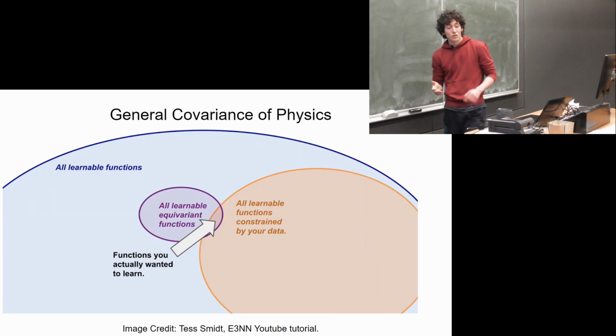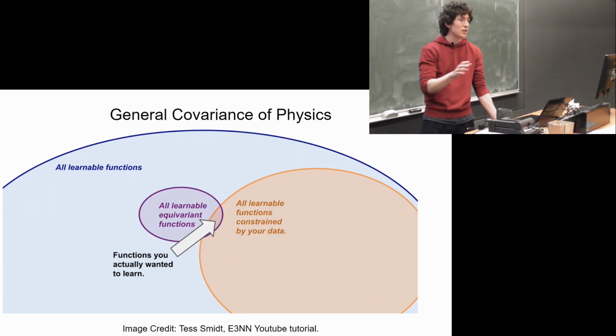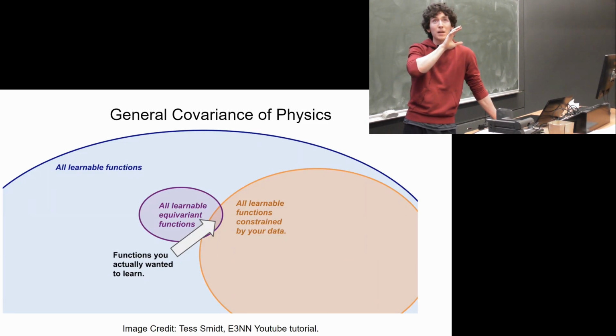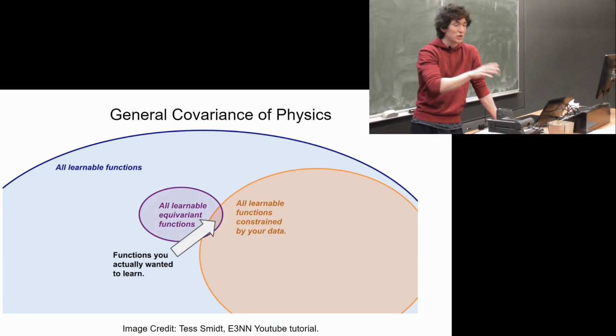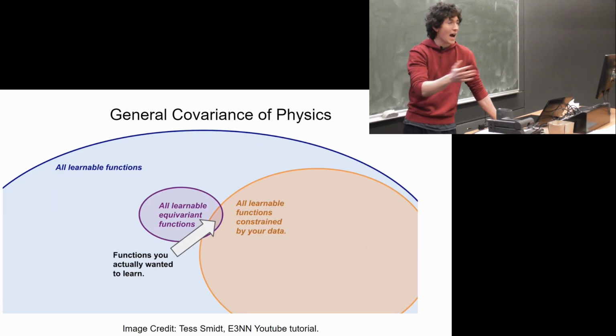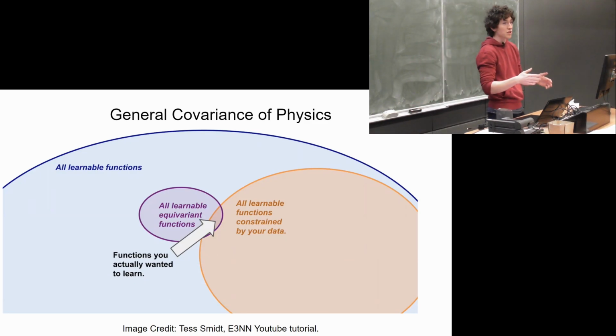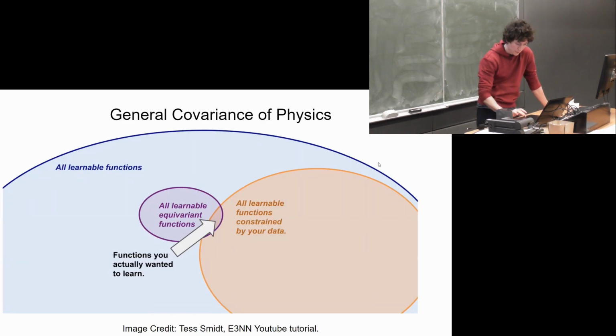Theoretically, you should, by some combination of layers and activation functions, be able to model any function. But we know that physics doesn't take the form of any function. It takes the form of these functions which are observerless. They're coordinate independent. So how do we restrict our model to these functions? You can see here, for example, right?